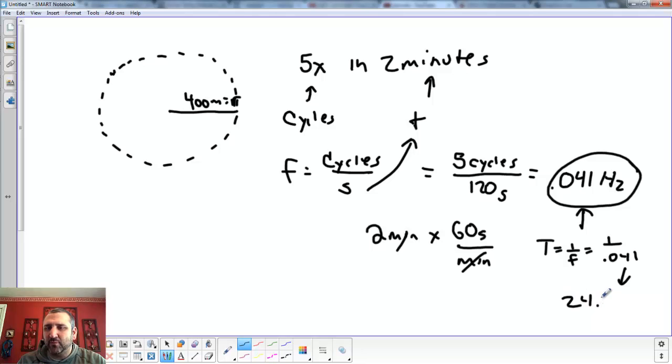So now my period is 24.3 seconds. I have a radius and I have a T, because this is the time it takes to go around one cycle.